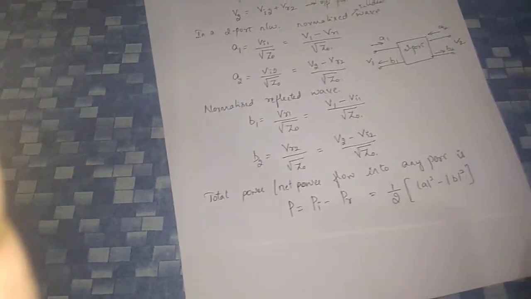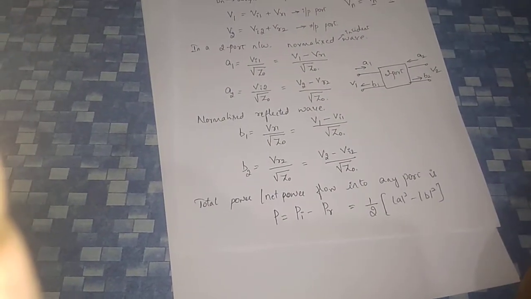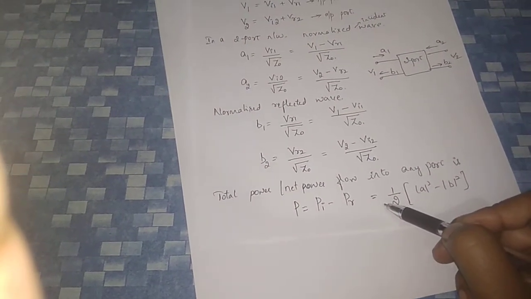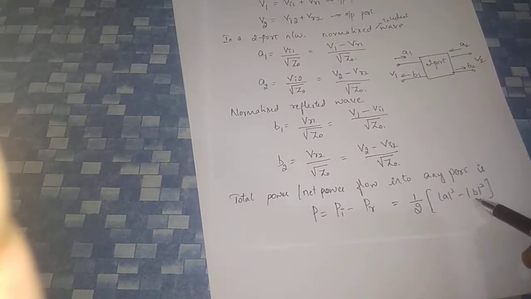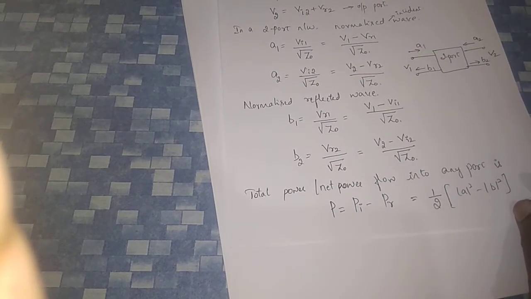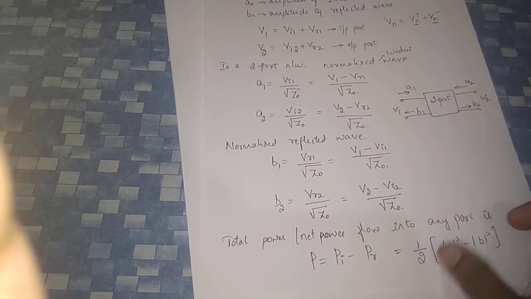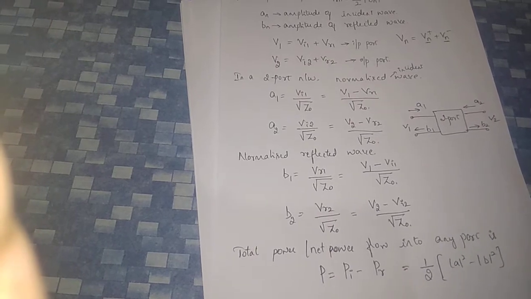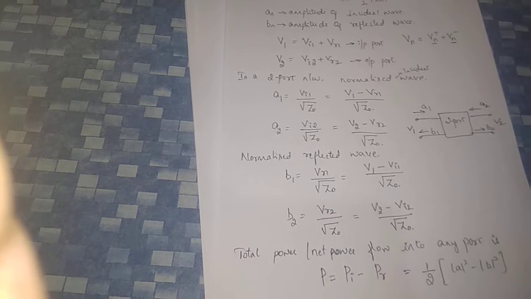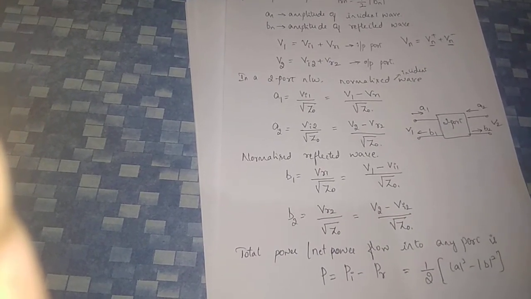Like this we get the total or net power flow into any port. This is regarding the total power into any port. In the normalization process, the characteristic impedance is normalized to unity. That is, your Z0 is normalized to unity.